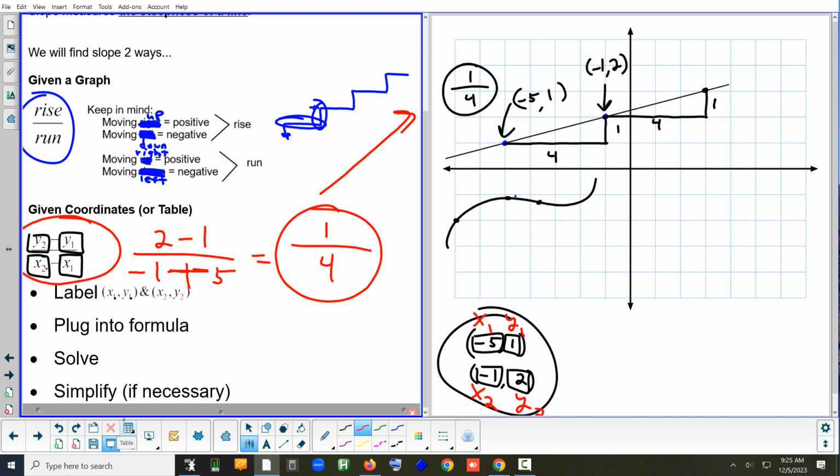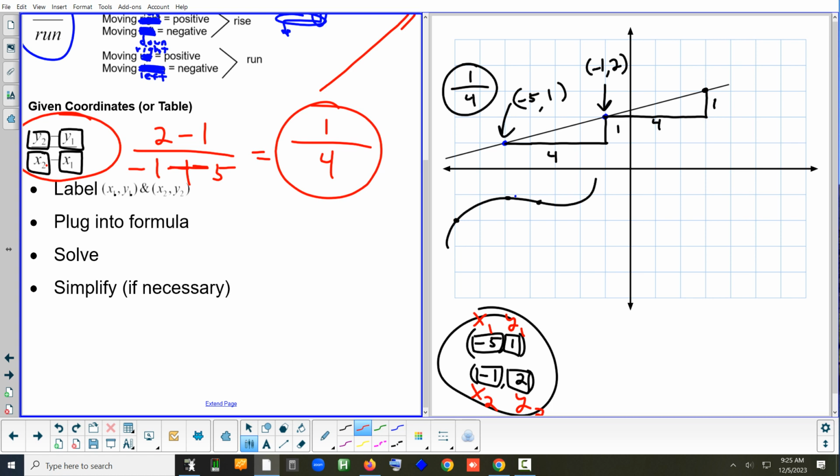So one thing about slope is we always leave it as a fraction. Okay, some of you might know what 1 divided by 4 is as a decimal. 0.25. We don't write it as 0.25. Always leave slope as a fraction. So I'm actually going to add that right here. So simplify, leave as a fraction.